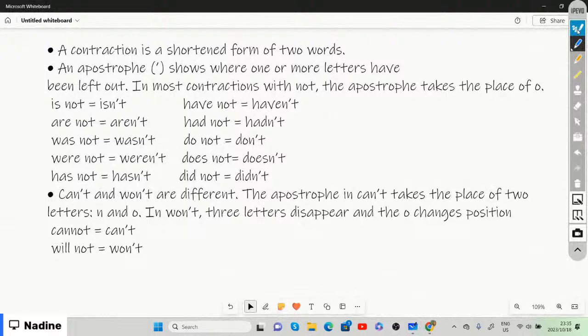I am, and then we have I'm. Then we have they are, they're, we are, and we have we're. But remember, we also add an apostrophe to show where one or more of the letters have been left out. And in most of the contractions with not, the apostrophe takes the place of the O.